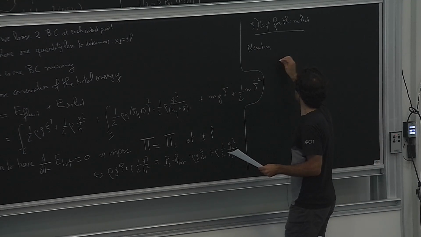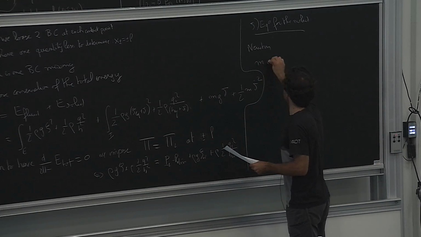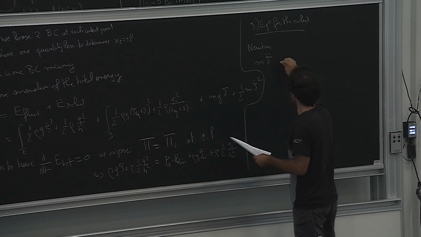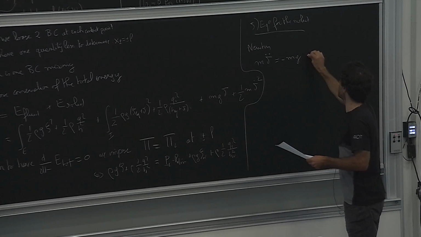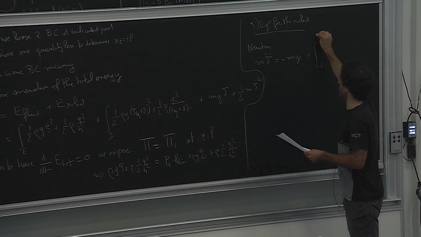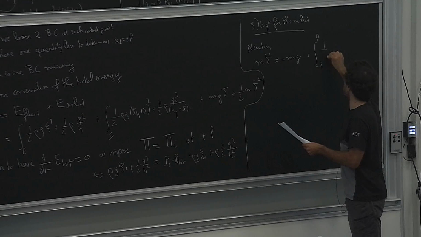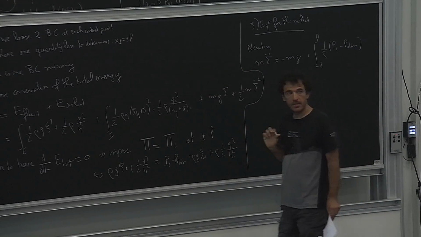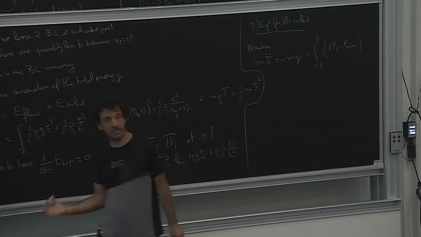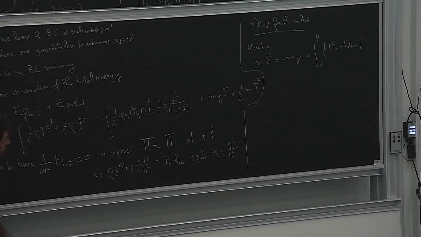So the equation for Newton is m delta double dot is equal to mg plus the integral from minus L to L of 1 over rho pi I minus this. So this is the force exerted by the fluid on the solid. The minus P atmospheric is because you have the atmosphere which exerts a force from above. Okay.